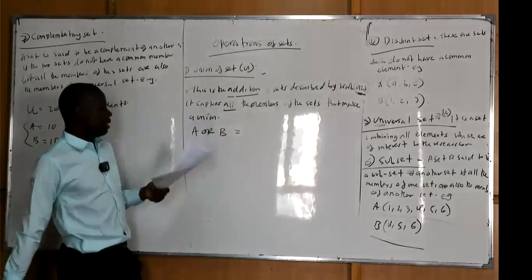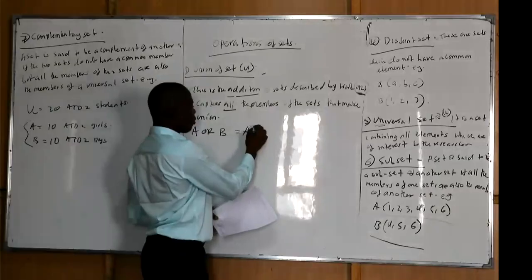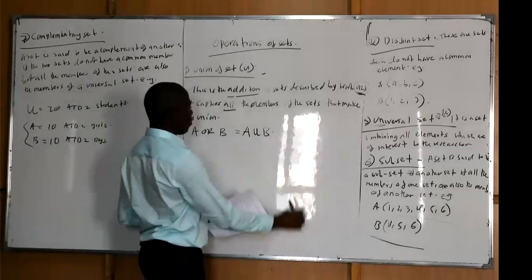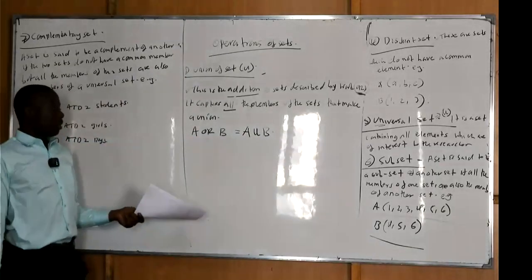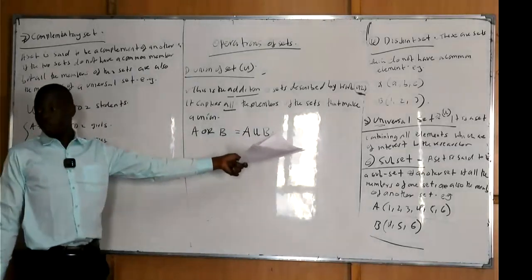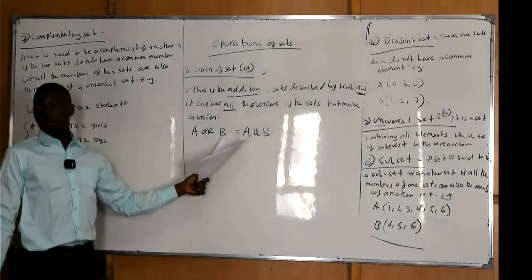Which is the same as saying set A union set B. A union B is the same as A or B.